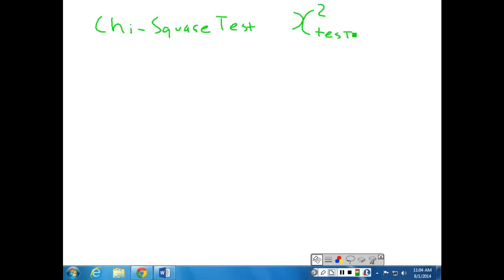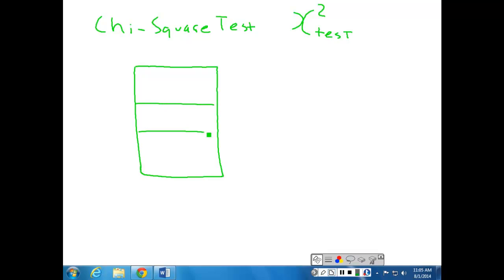And so basically in the chi-square test, what you have is two categorical variables. This might be male and female and color of car. Maybe red, white, and black seem to be fairly popular colors.